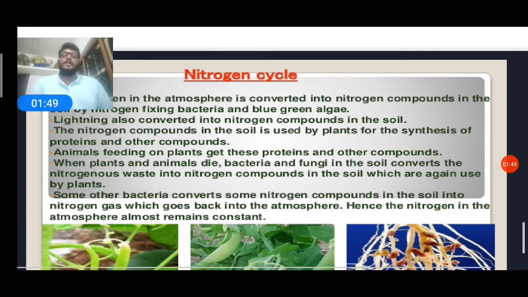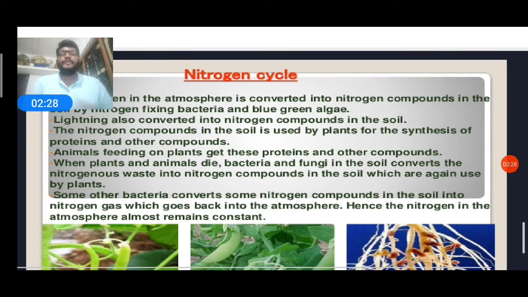You already know that 78% of nitrogen gas is present in the atmosphere. Nitrogen is an essential constituent element, very important in plants as well as animals. Compounds like vitamins, nucleic acids and proteins are made by nitrogen.